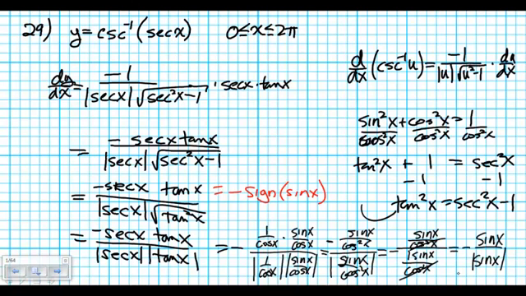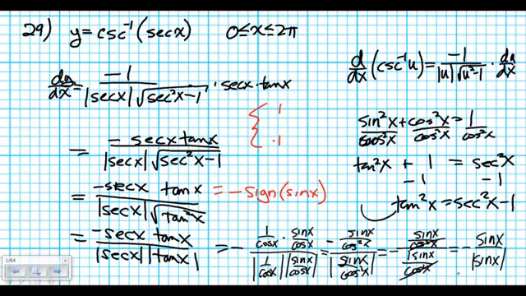Again, we have all these restrictions because of these absolute value operations. Here's the idea. This value here is either 1 or negative 1, no matter what value I put in. So the answer is essentially either 1 or negative 1. The question is, when is it going to be 1, and when is it going to be negative 1?